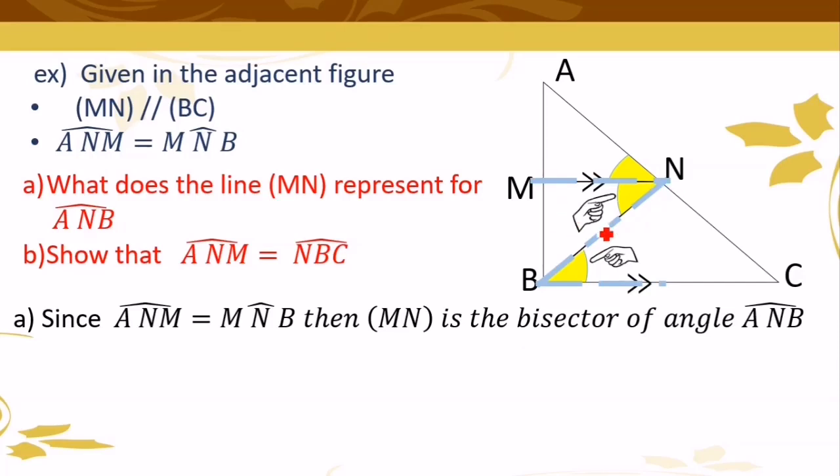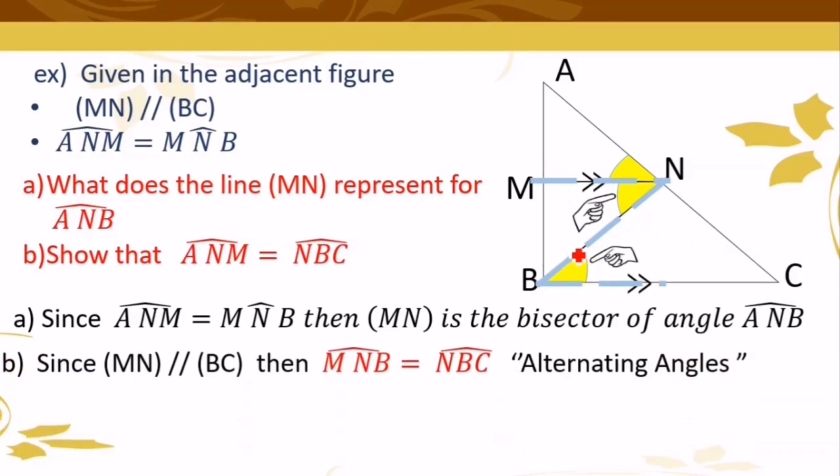Can you find any of these angles in this figure? Yes, since MN is parallel to BC, and if we look at the figure, we find a letter Z, which means that angle MNB equals angle NBC, and the reason is alternating angles. Good, but the question asks you to prove that angle ANM is equal to angle NBC.